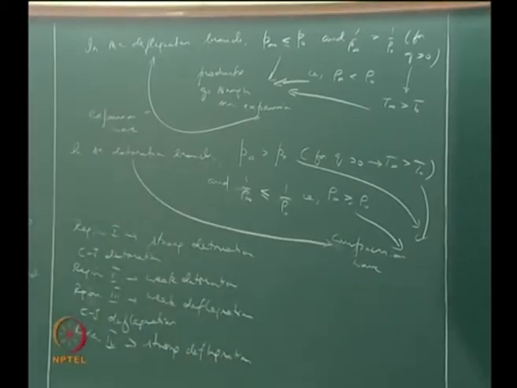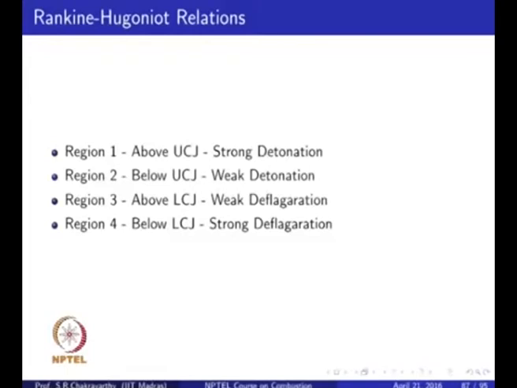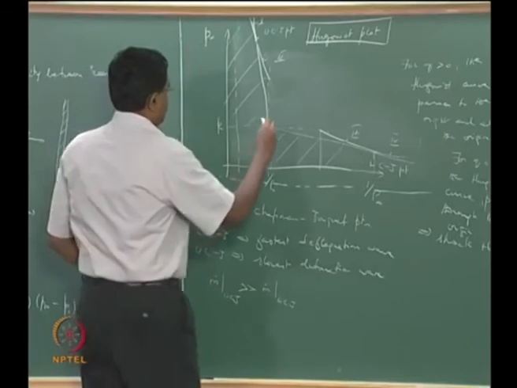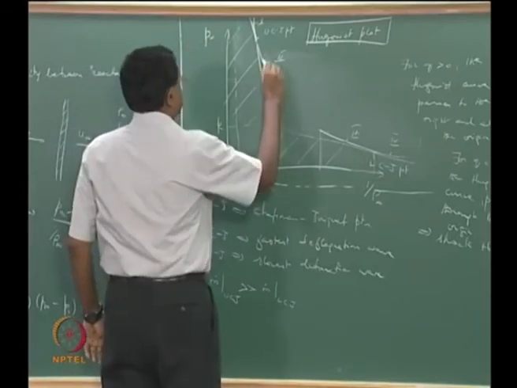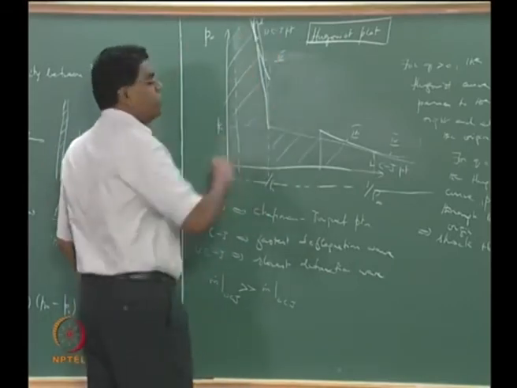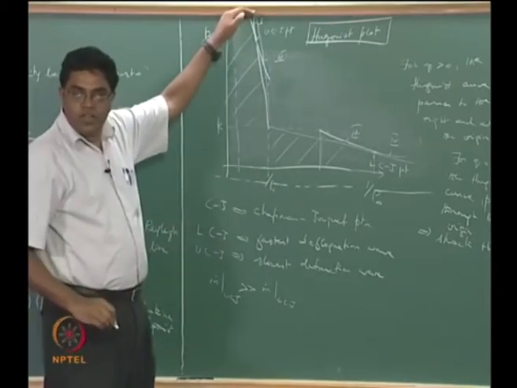For you to remember this at this stage, let us just say that when you are looking at a region that is above the UCJ point here, what that simply means is we are looking at a solution. So your Rayleigh line has to actually pass somewhere there, and then you are looking for an intersection somewhere there.